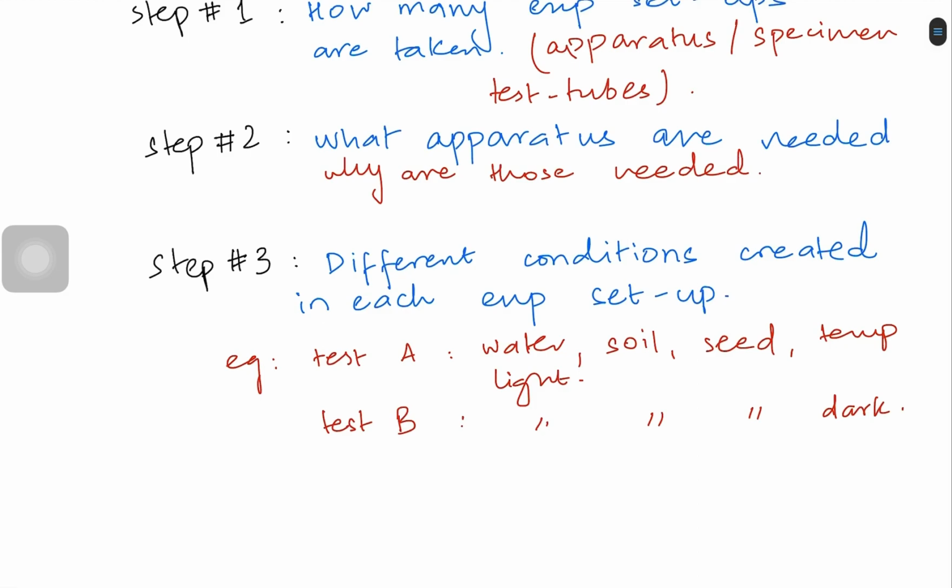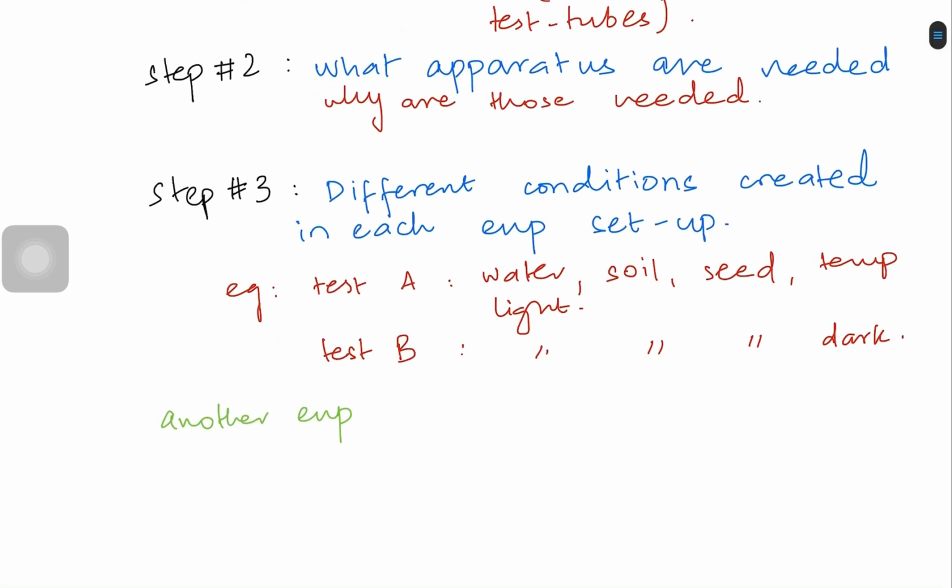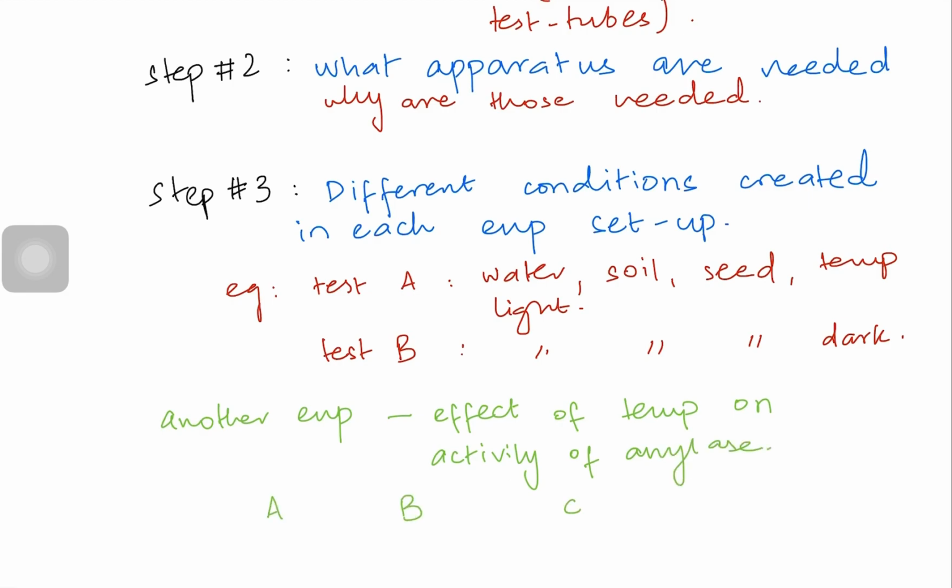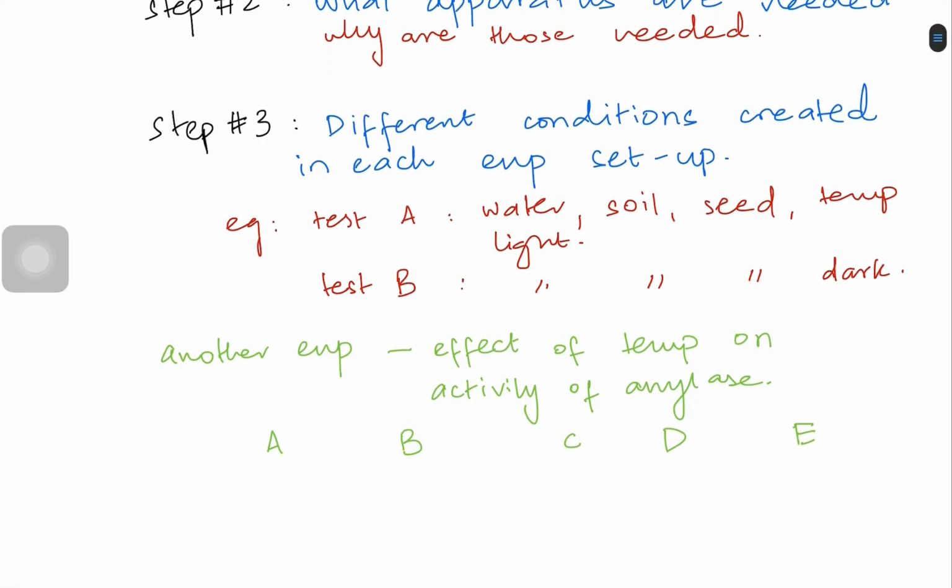Let's take another example. If you are saying that, for example, I want to study the effect of temperature on the activity of amylase, you say that I have got A, B, C, D, E test tubes.